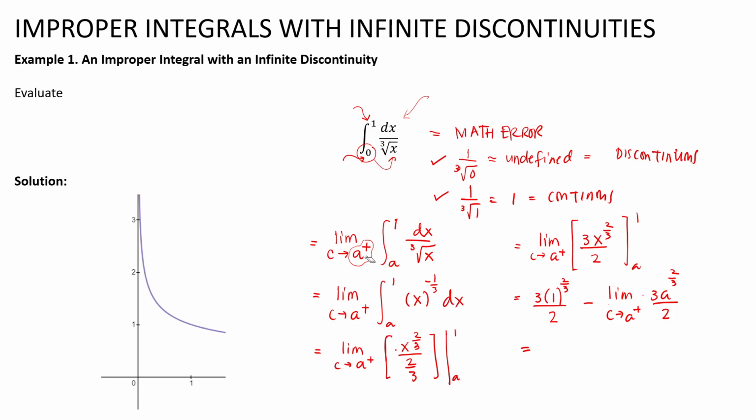So let me just correct the other terms here. This is 0 plus, the right-hand side of 0.